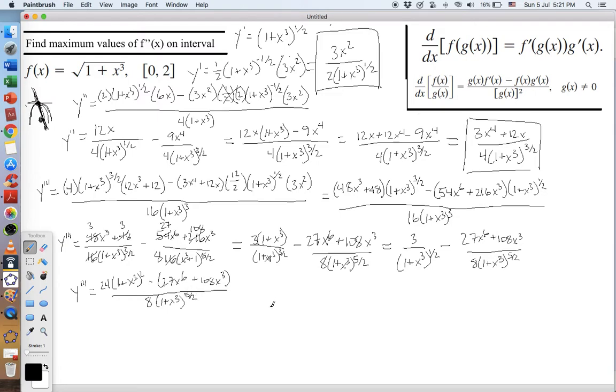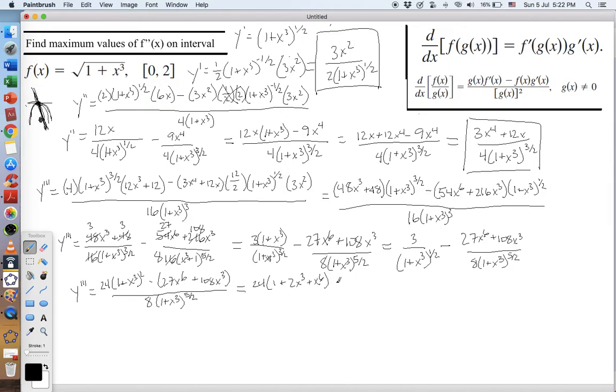And so we're in the home stretch now. We're going to distribute this square here. We're going to FOIL. And so we get 24 times the quantity: 1 times 1 is 1, 1 times x cubed plus 1 times x cubed is 2x cubed, and then x cubed times x cubed is x to the 6th.